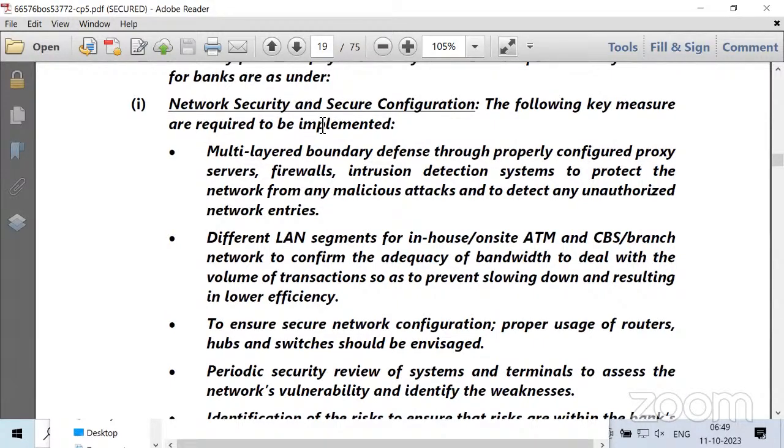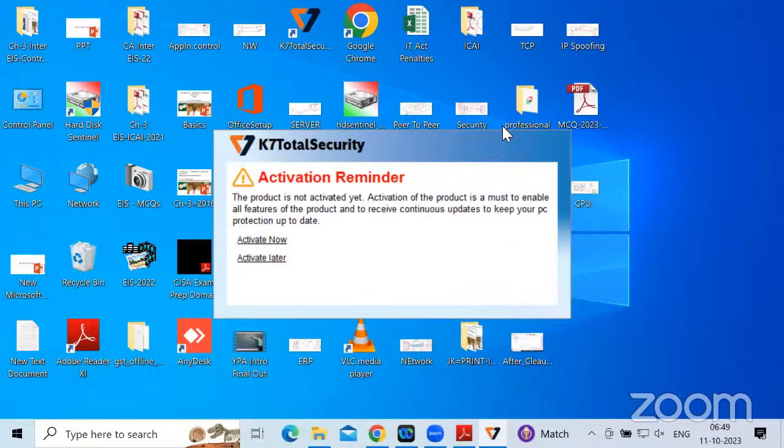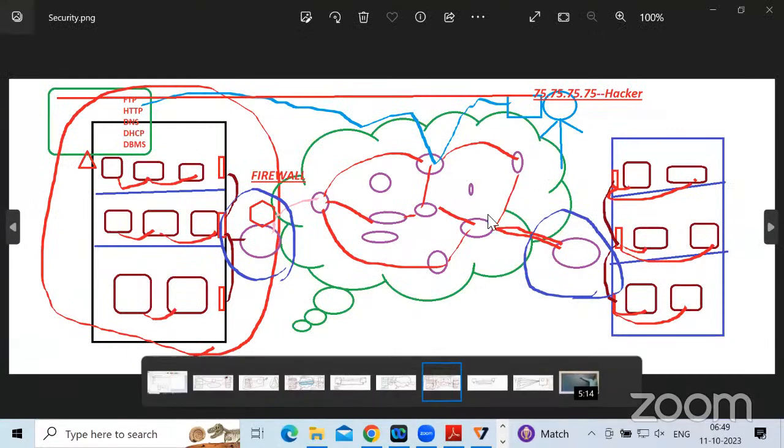What do you mean by network security? In our earlier pictures, if you remember, security.